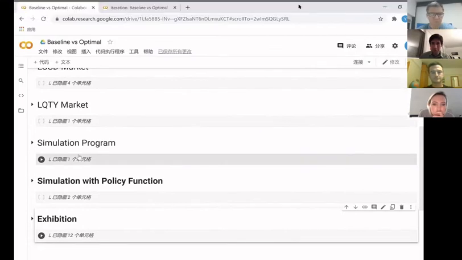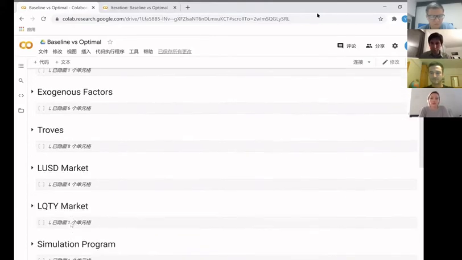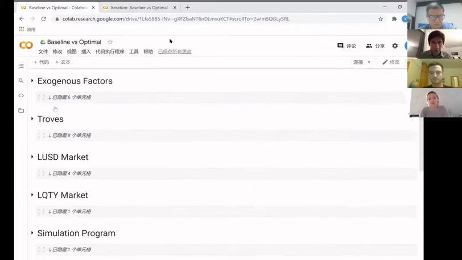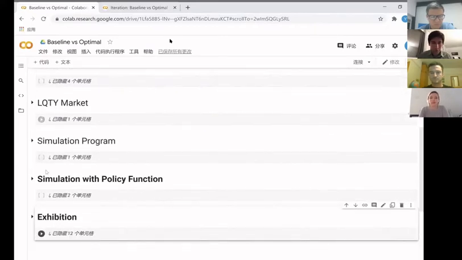We are looking for the optimal fee rates for issuance fee and redemption fee. So it's called alternative, but the objective is to find the optimal fee rates, so we call it the optimal scenario. So we run the baseline scenario and optimal scenario, and then we compare in the last part. Okay, so let's quickly go through the first few sections, and then spend more time on the exhibition.